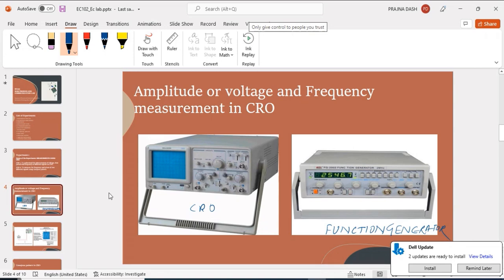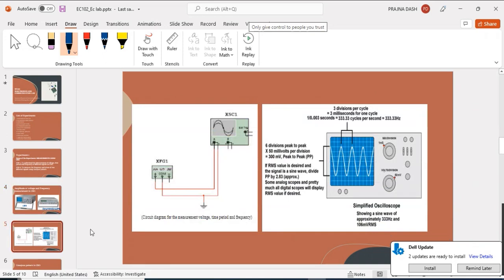That means one box indicates 1 volt. Peak to peak 6 boxes are covered, so what will be the peak to peak voltage? 6 volt will be the peak to peak voltage, because it is 1 volt per division and we have 6 divisions.